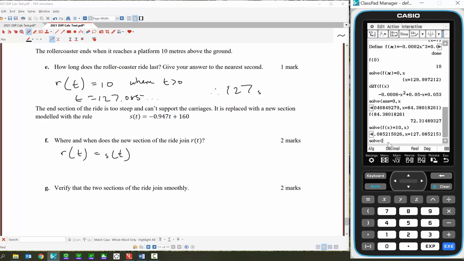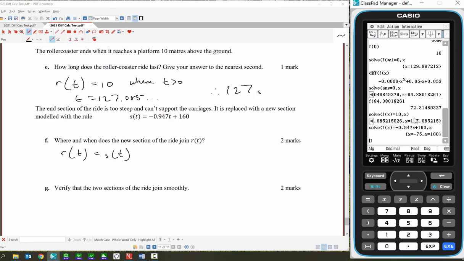Solve f of x equals. So t equals -75, t equals 100, but t greater than 0, therefore 100 meters.